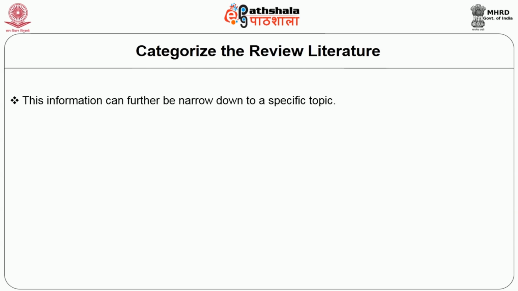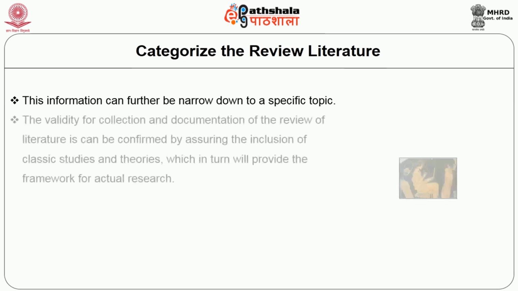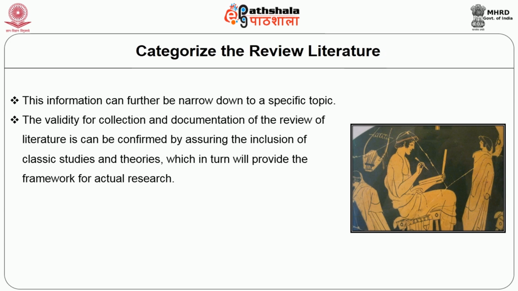This information can further be narrowed down to a specific topic. The validity for collection and documentation of review of literature can be confirmed by assuring inclusion of classical studies and theories, which in turn will provide the framework for actual research.